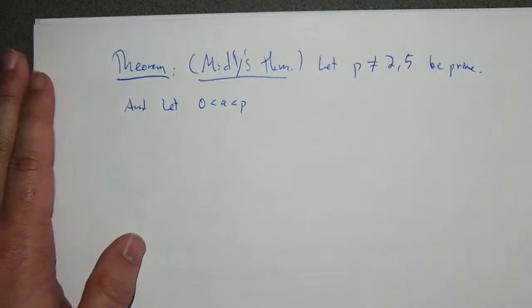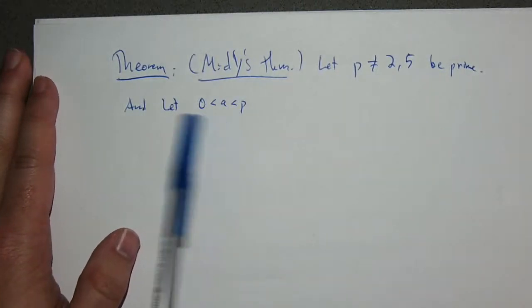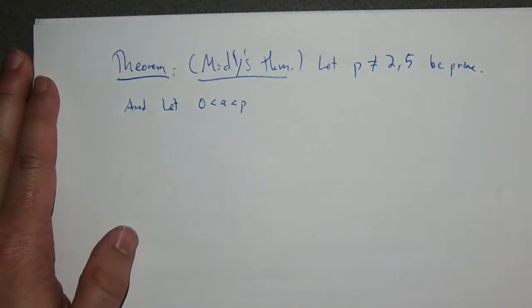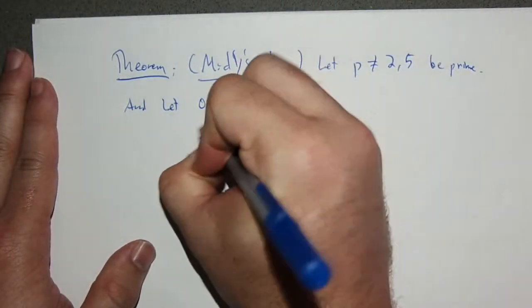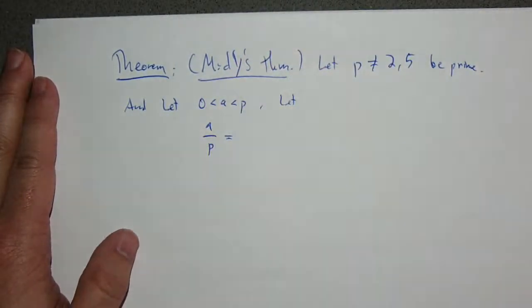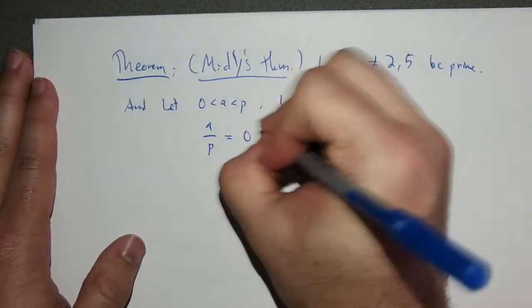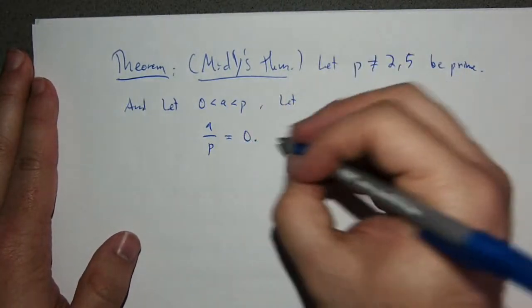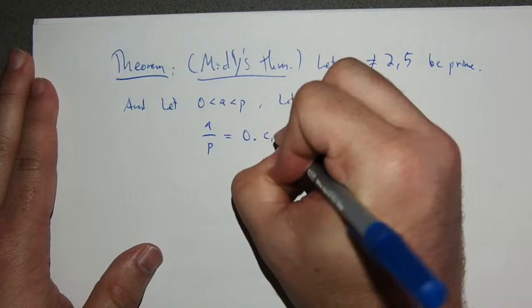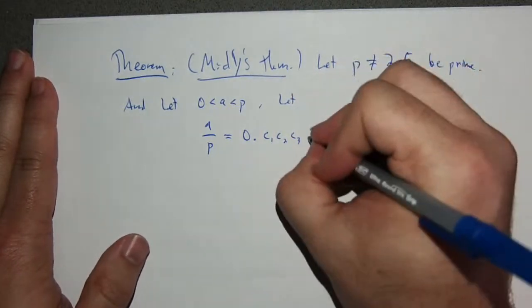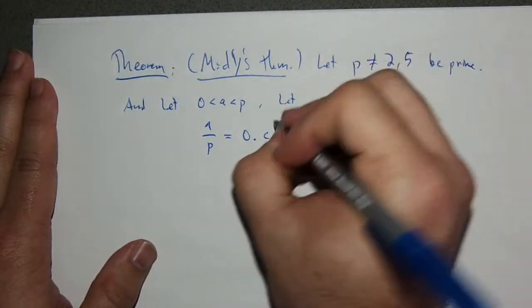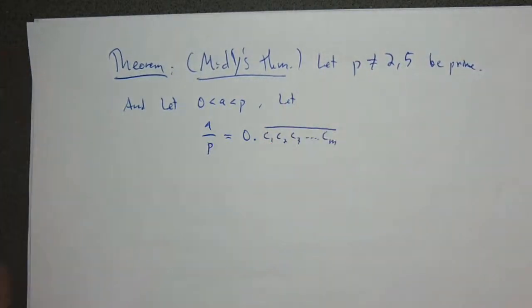Okay. And let A be an integer strictly between 0 and P. And let A over P have decimal expansion. It's purely periodic. So we'll call the digits C sub 1, C sub 2, C sub 3, and so on, all the way to C sub m. And it's purely periodic, so that block repeats, right?